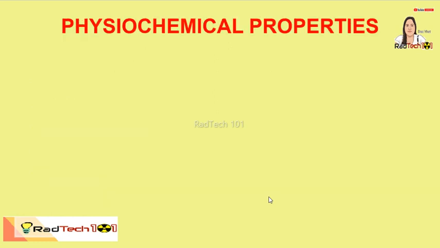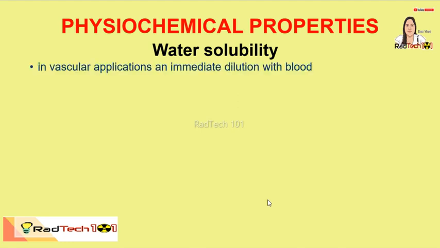The physiochemical properties of contrast agents include water solubility, which is defined as, in vascular applications, an immediate dilution with blood. Meaning if the contrast agent has water solubility, it can easily be mixed with water or diluted with blood.